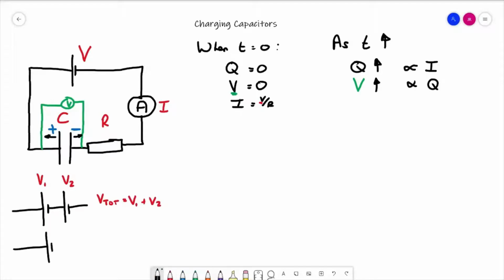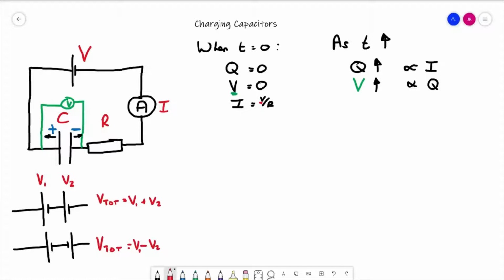If we were, though, to change the polarity of one of them, then what we end up with now is V1 minus V2. In other words, by having one of the supplies facing the other way, so negative to negative, the way that I've drawn it, the total potential difference in the circuit, or in that combination, is going to decrease.